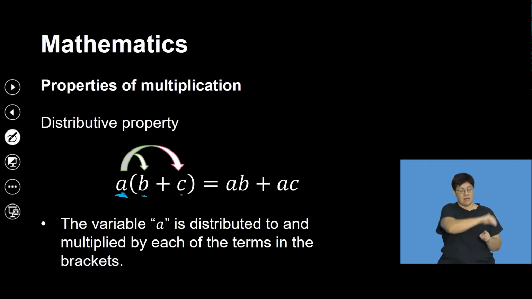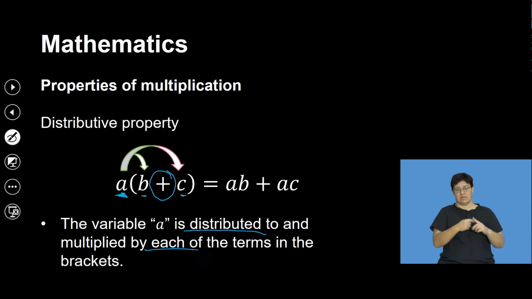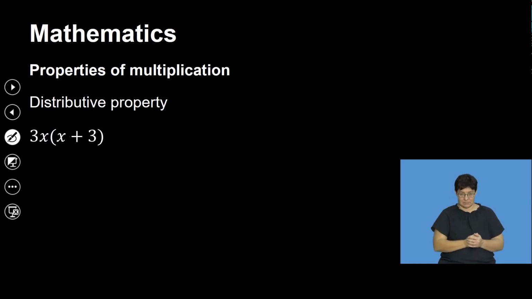It's the a multiplied by the c, which gives me ac. Everything else stays the same. So the sign in the middle, which is the plus, does not change and become something else. The variable a is what we are distributing using multiplication to each and every term inside the bracket. Now let's look at a typical example of what exactly this means.